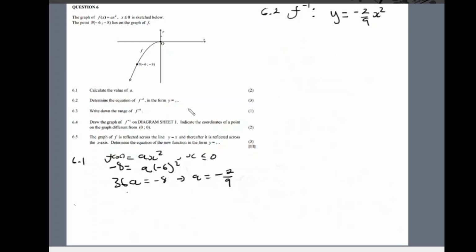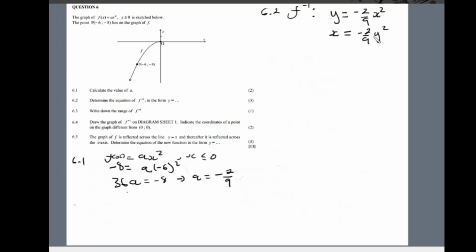Now to find the inverse, the first step when you have the equation of the function is to swap your x and y. Where you see y, you put x, and where you see x, you put y. So I'll have minus x equals minus 2 over 9 y squared. That is swapping x and y.